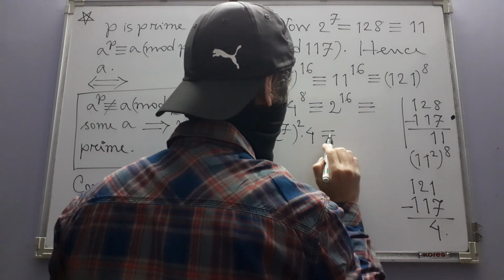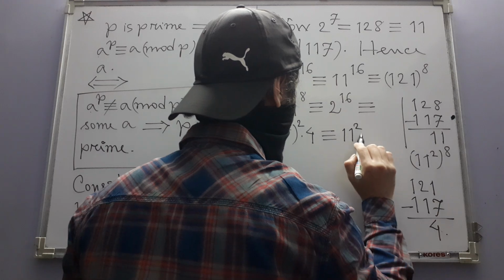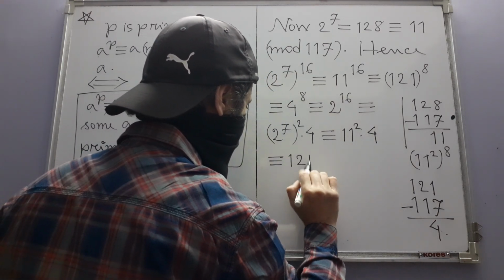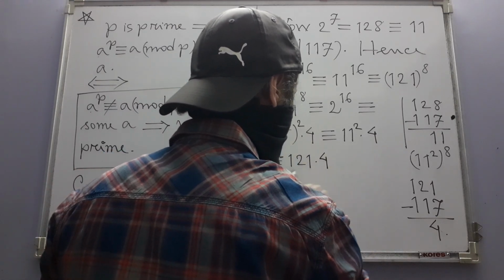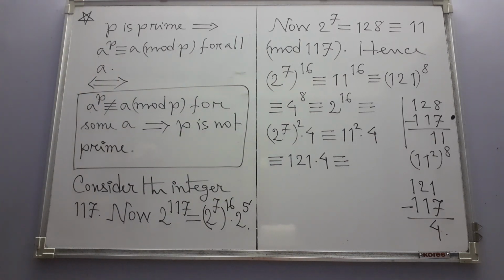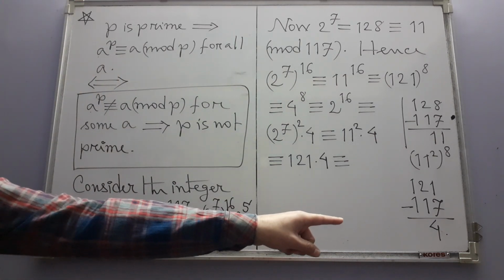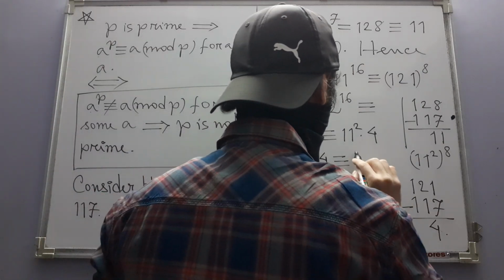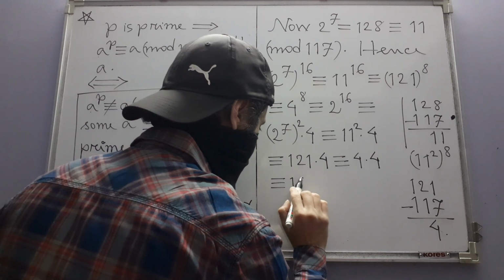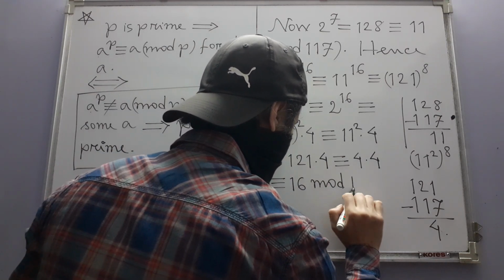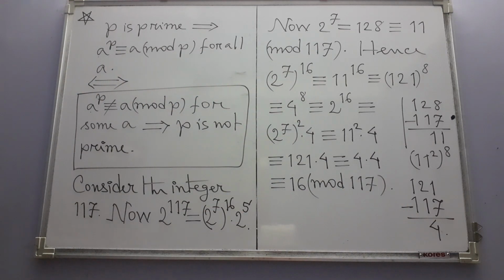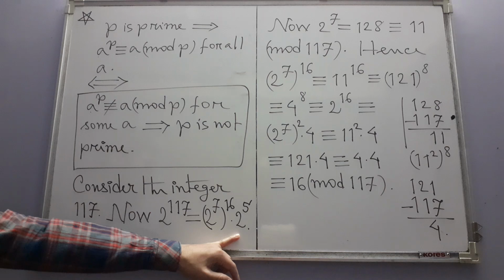So this is congruent to 11 squared times 4. That is 121 times 4. But 121 itself is congruent to 4 mod 117. So 4 times 4 is congruent to 16 mod 117. But we are not there quite yet, because we have this 2 to the power 5.